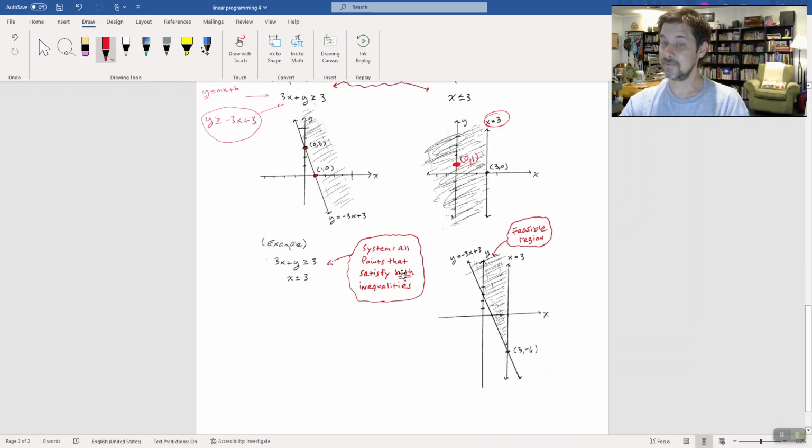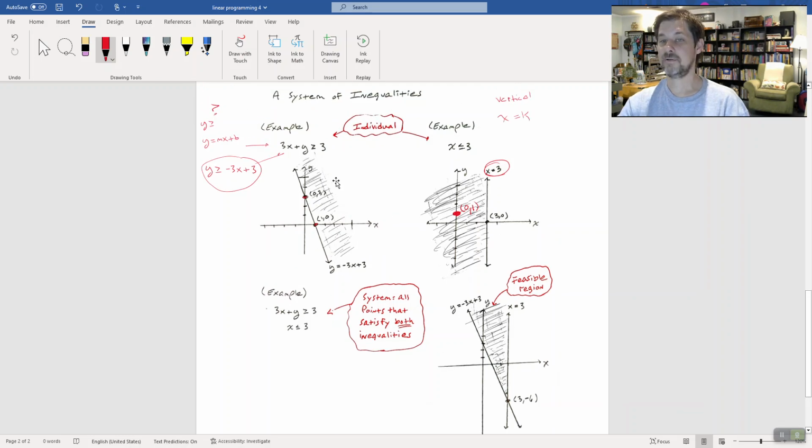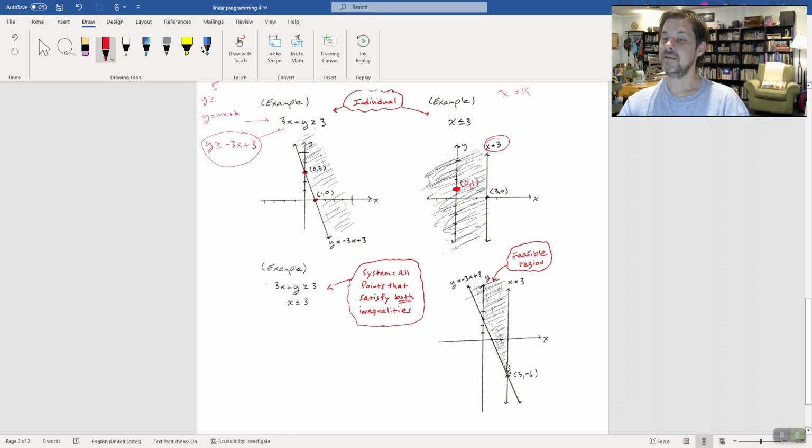In a system, meaning two or more inequalities that are considered together, I would graph each of these and see what their overlap is. So imagine if you had this graph and you had this one, and you figured out where they intersected each other and where the overlap of the shading would be.